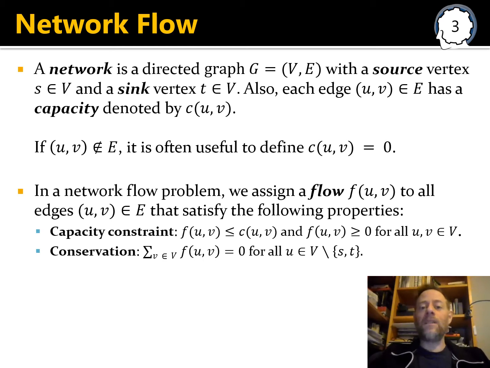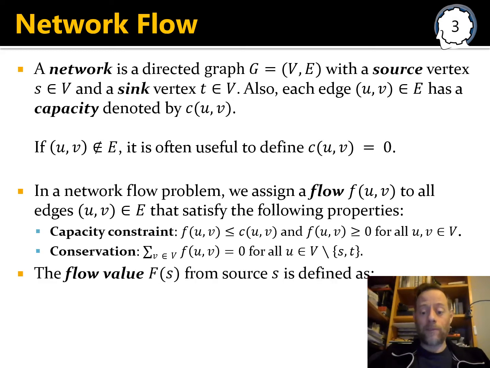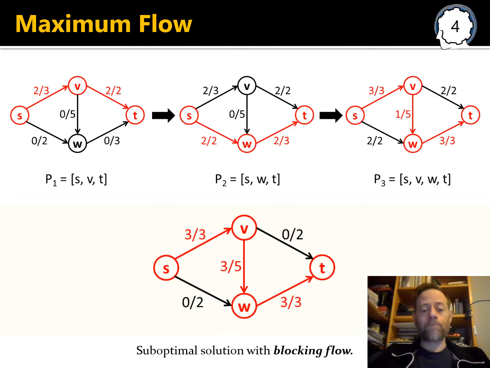But all the intermediary nodes should have equal flow in and equal flow out. The flow value for this network for a particular source s is then defined as the sum of the flow from the source to each other node.